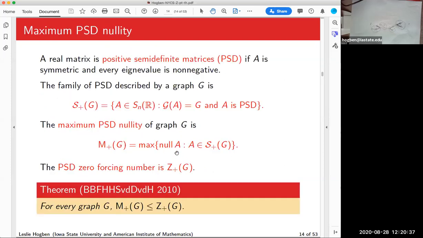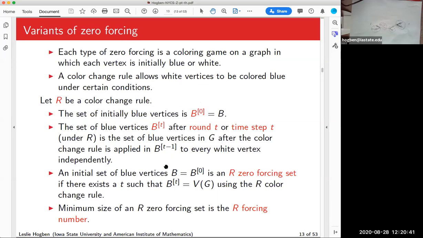I'd like to ask a question about that. Obviously, the number of steps required to get to V of G can depend on the initial set. How does that play into the discussion? Yes, to get from the initial set to completely blue, that's actually the next topic we're going to talk about, which is propagation time.